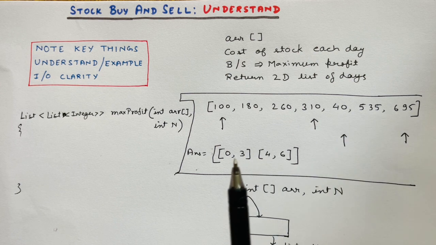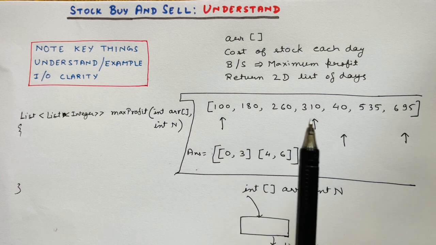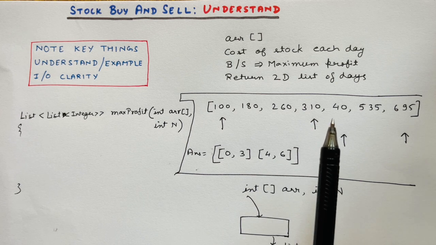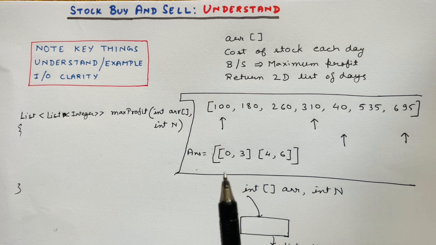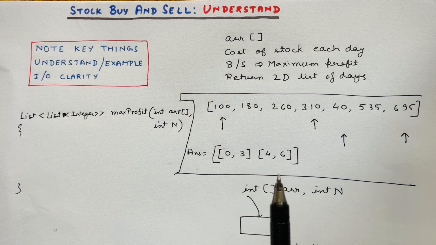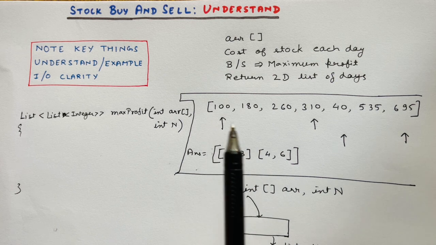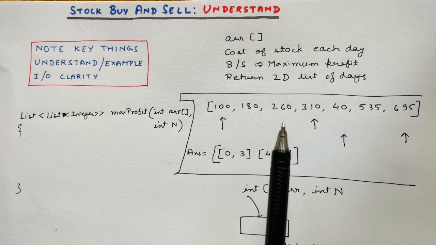So the final answer for this array will be 0, 3, meaning we buy on 100 and sell on 310, and 4, 6, meaning we buy on 40 and sell on 695. This combination will give us the maximum profit. We have to note here that there can be multiple answers to this problem. For example, even just this 0, 3 can be represented as 0, 1, 1, 2 and 2, 3.